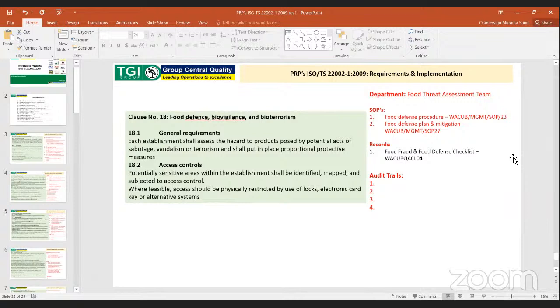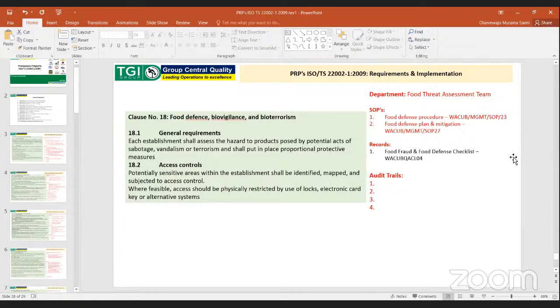This is the very core aspect of the stage 2 audit, that is implementation, and seeing that whatever we have implemented is meeting the food safety requirements. So if any of the HODs or the coordinators have any questions, you can put them forward.